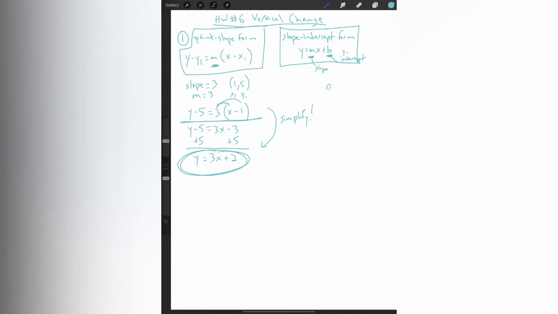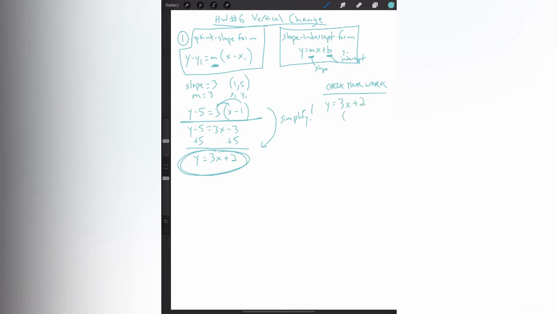Now, how can you check your work? Some of you are very good at checking your work and go back and make sure it's right. How can I check to make sure this is right? All right, so I would start substituting in any point. So I have 1, 5 here. Y is equal to 3x plus 2.